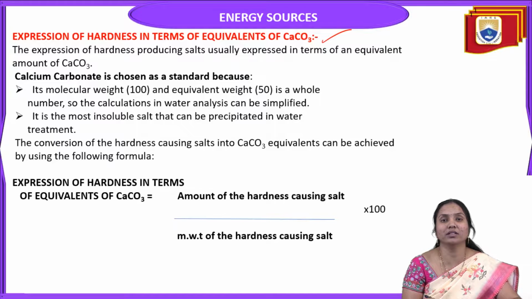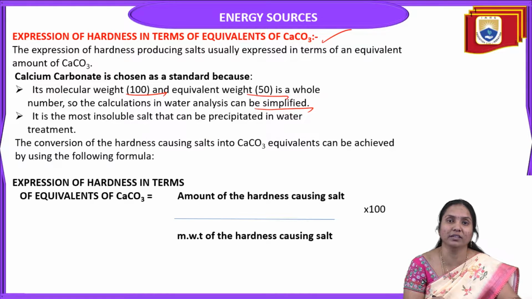All the hardness causing salts present in water, or given in the data, we can convert into calcium carbonate equivalents. Why are we converting into CaCO3 equivalent terms? Because the molecular weight of calcium carbonate is 100 and its equivalent weight is 50. The calculation in water analysis is simplified when we convert all the hardness causing salts into CaCO3 equivalence, which makes the calculation very easy.